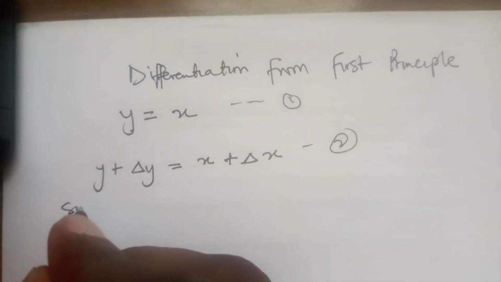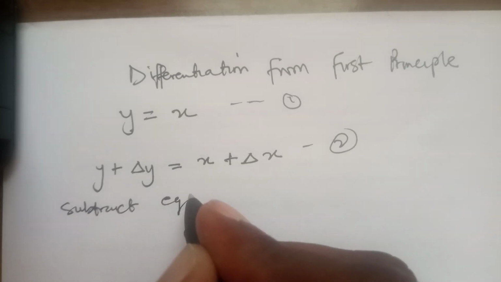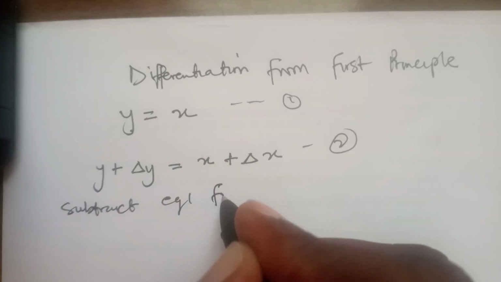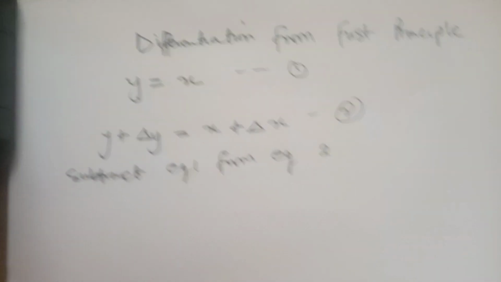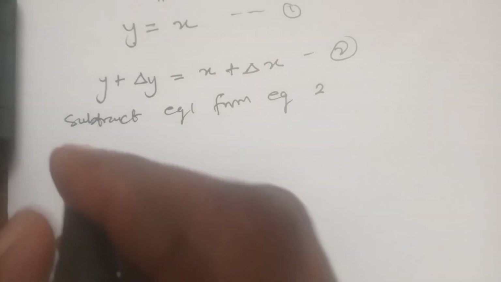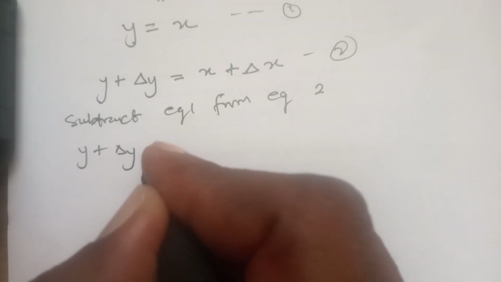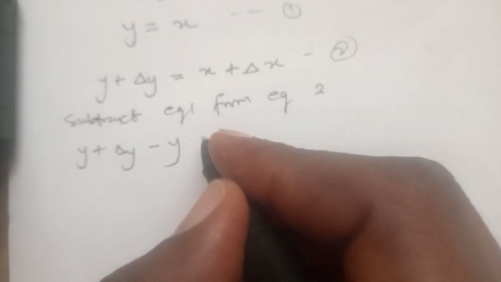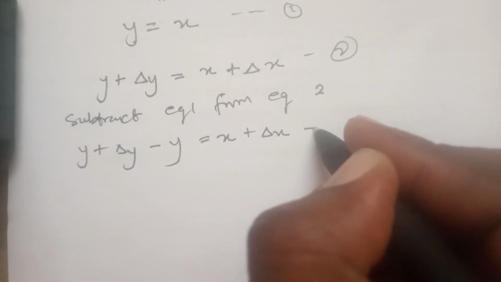So we're going to subtract equation 1 from equation 2. So we're going to have y plus delta y minus y, the right side minus the right side, then the left side minus the left side, so equals x plus delta x minus x.